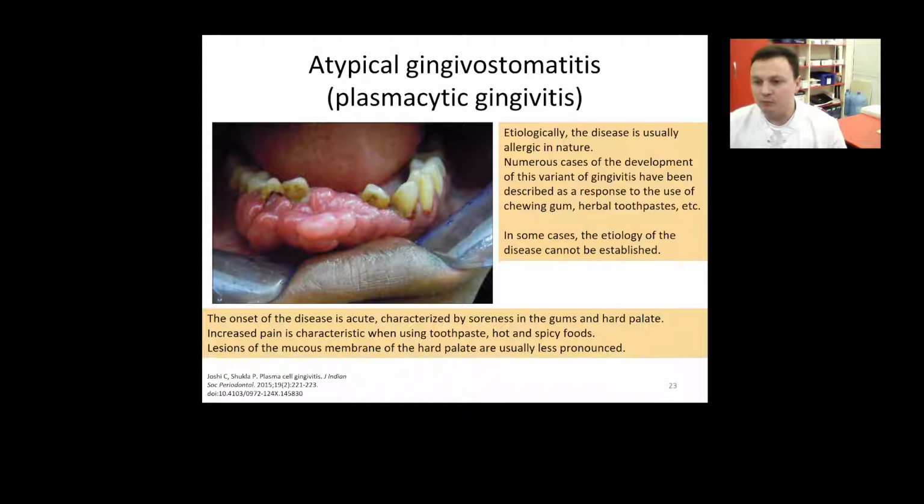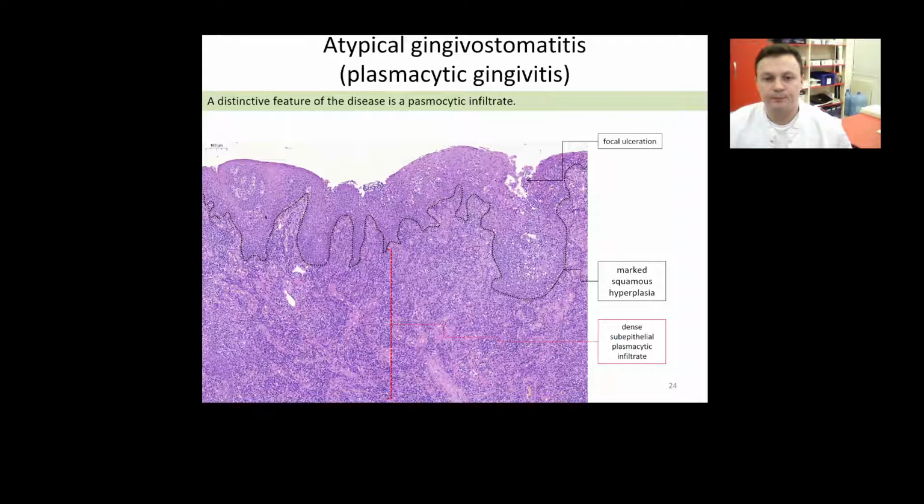The defeat of the gums is diffuse, manifested by bright redness and loss of anatomical pattern. Lesions of the mucous membrane of the hard palate are usually less pronounced. Cases of involvement of the tongue and lips in the inflammatory process are described. A distinctive feature of the disease is plasmacytic infiltrate.